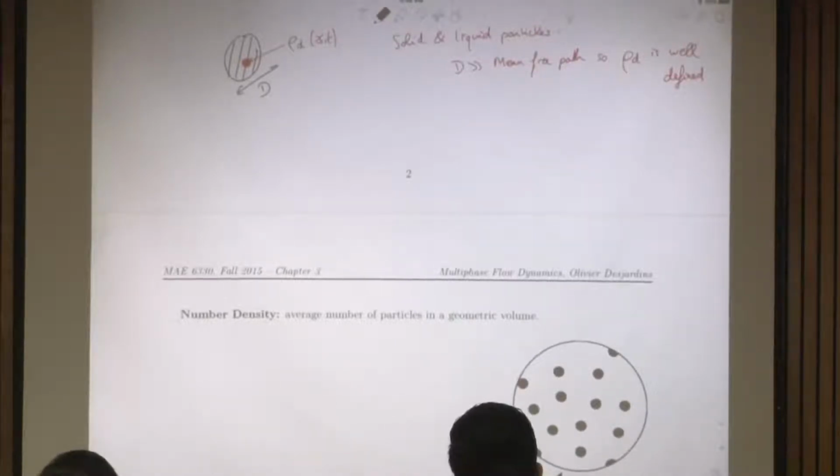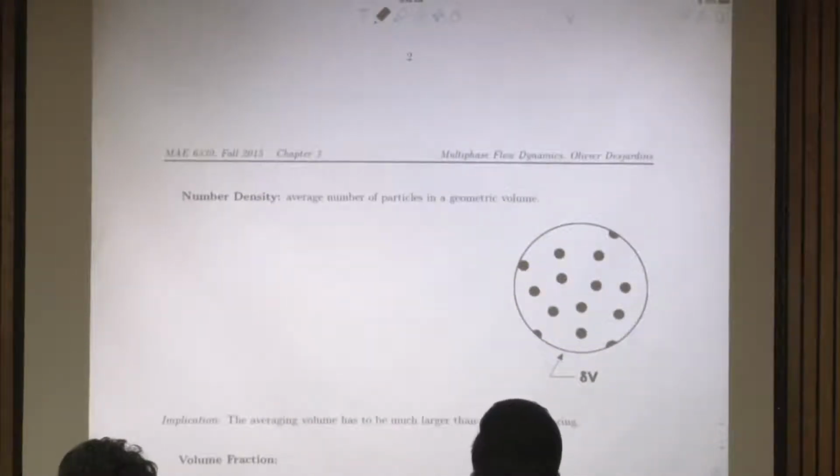Ideally, in the same idea of scooping out a chunk of fluid and weighing it and deriving a density from it, we can do the same thing with the concept of number density. I can scoop out a region of my flow, and then I can count the number of particles in that region, divide by the volume. That tells me the number of particles per unit volume, and that gives me what we're going to call a number density. So this is all fine and good.